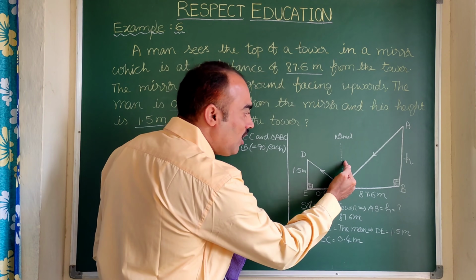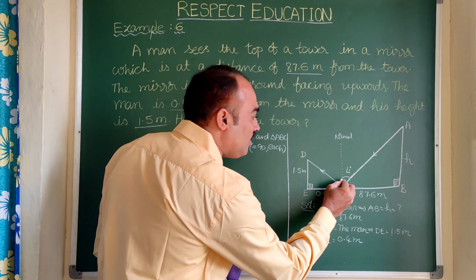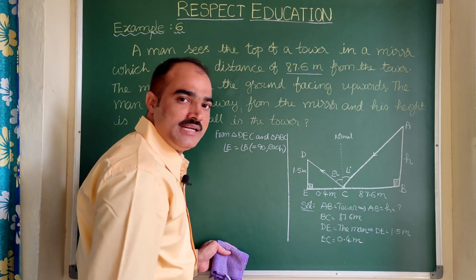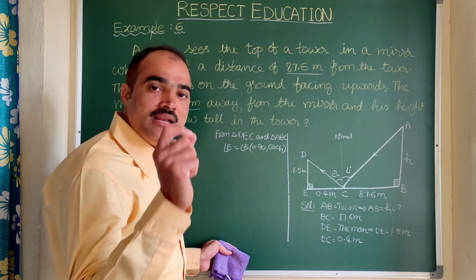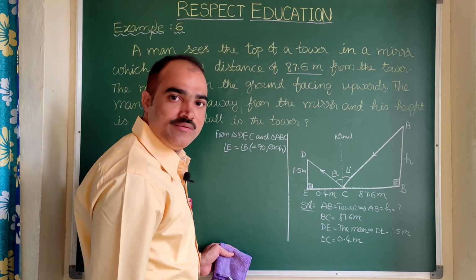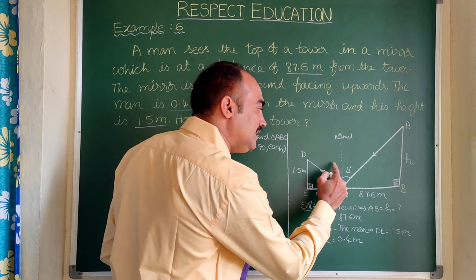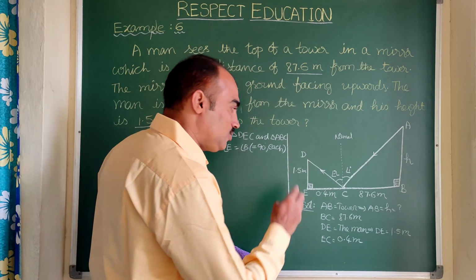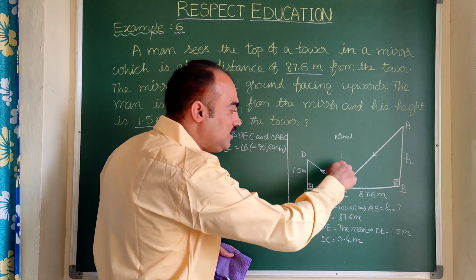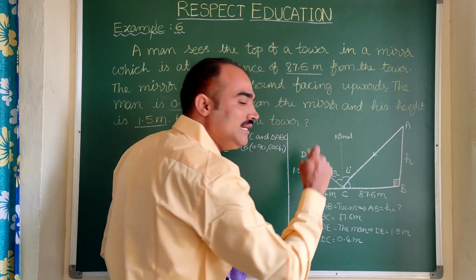The angle between the normal and the reflected ray is called the angle of reflection. And as per the laws of reflection, angle I is equal to angle R. Now definitely the normal is always perpendicular to the base here.